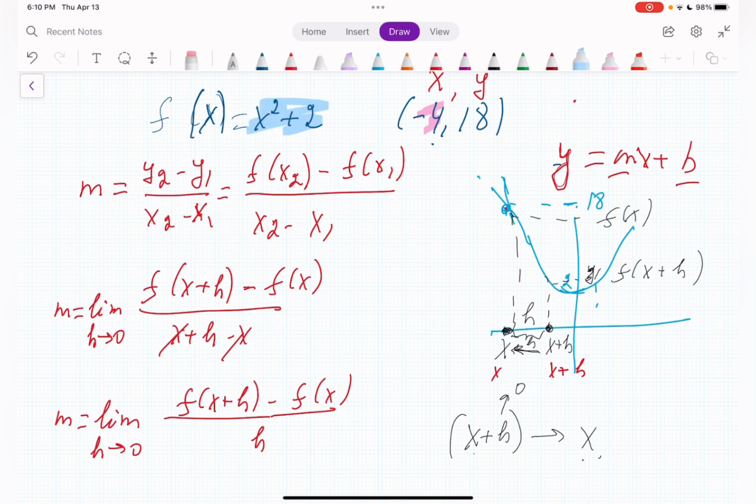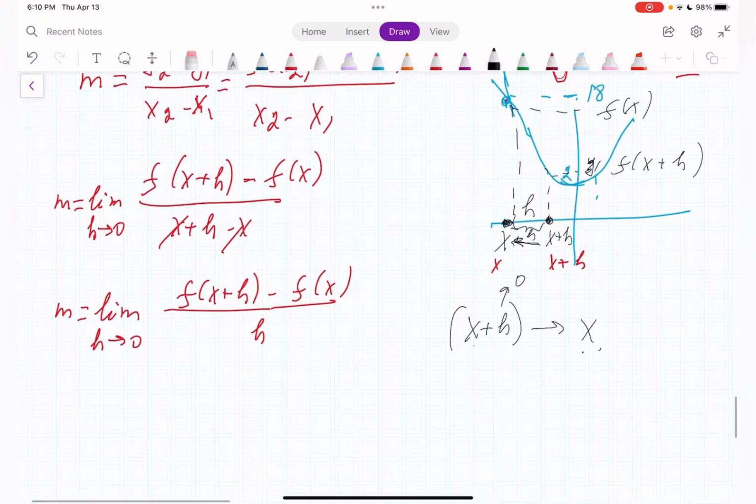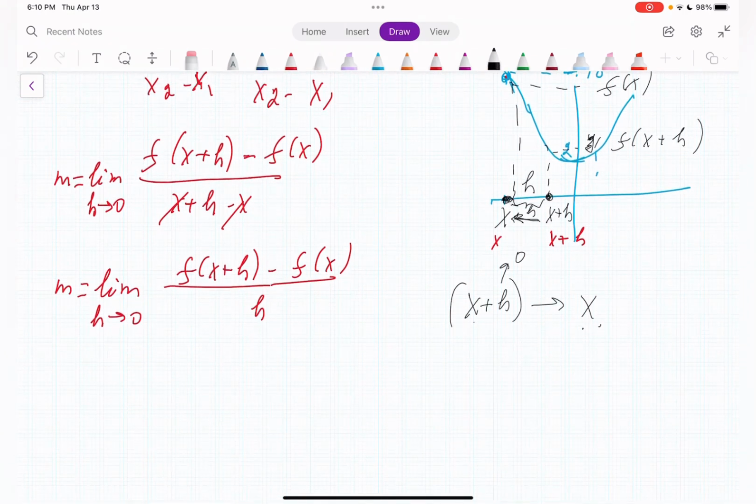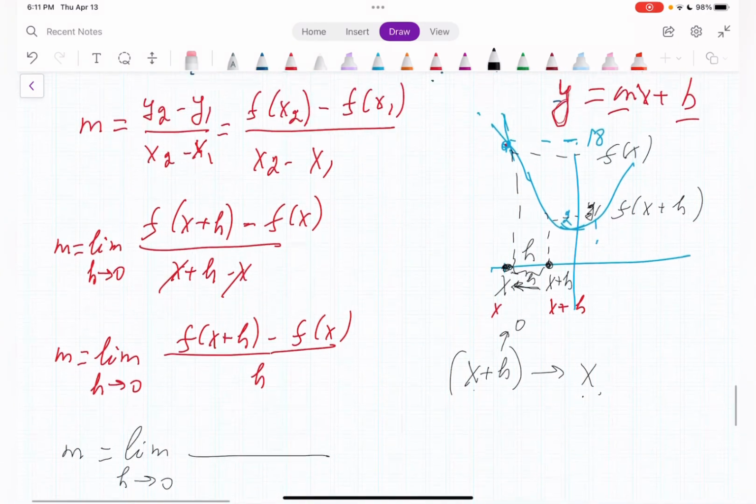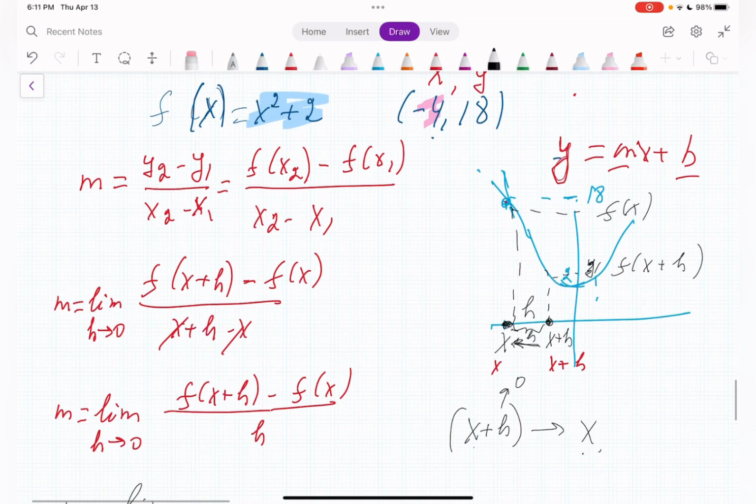Okay? So let's work on it. It's going to be m equal to the limit as h approaches 0. Instead of x, I'm going to plug in x plus h into x squared.